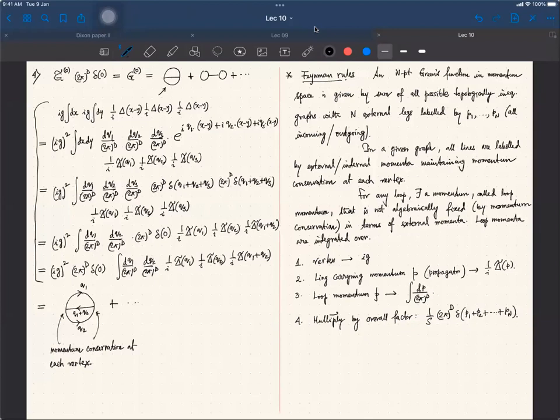Okay, that's the Feynman rule. So next, what we should do is that so far we have used the definition of the momentum space Green's function in terms of Fourier transform of the position space Green's functions, and from those exercises were done to understand how to write Feynman rules.